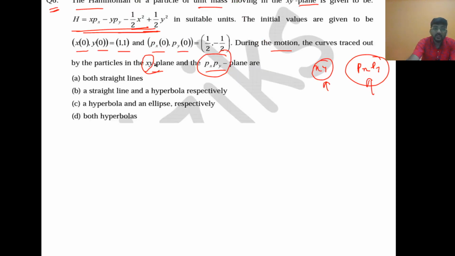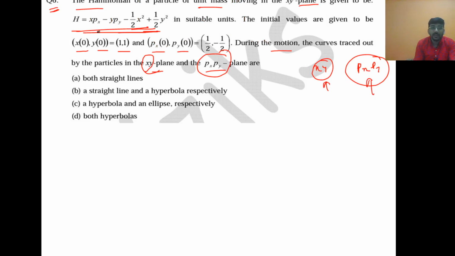Here q represents the generalized coordinates. qi means the number of generalized coordinates given in the problem, and here the number of generalized coordinates is 2: x and y only.